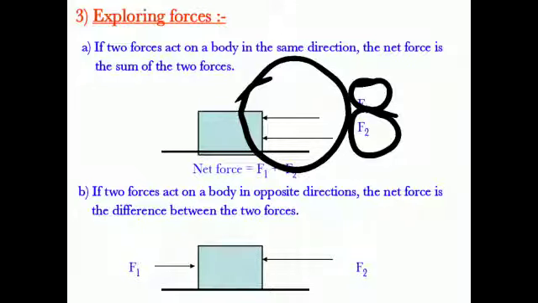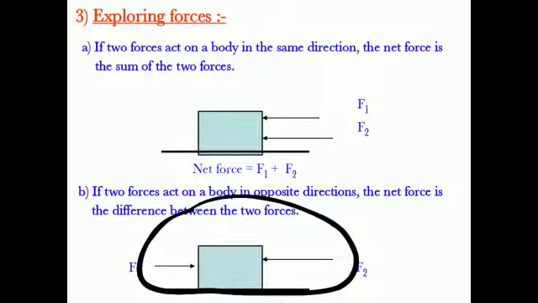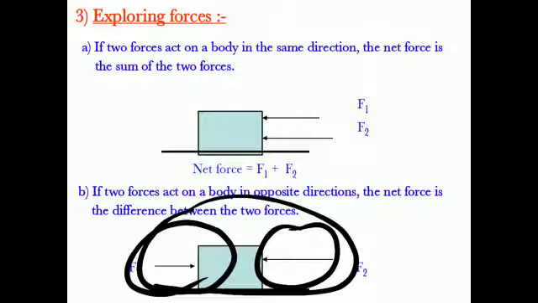Now in this second picture, let's suppose you have to shift one box in your home towards one direction, and you had a quarrel with your sister. She said, no, I will not allow you to move this box from this place. Then you apply force from one side, and your sister starts applying force from the other side.